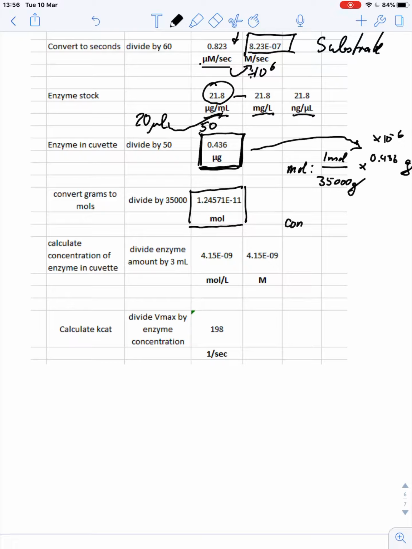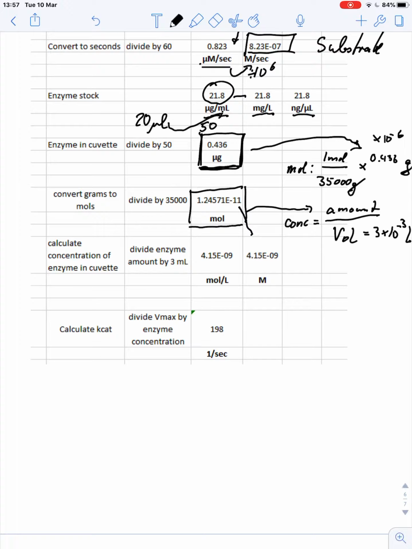And now we need to figure out what the concentration is. We know that the concentration is given as the amount of the enzyme, that's this one here, divided by the volume, and the volume was 3 milliliter, or 3 times 10 to the minus 3 liter.